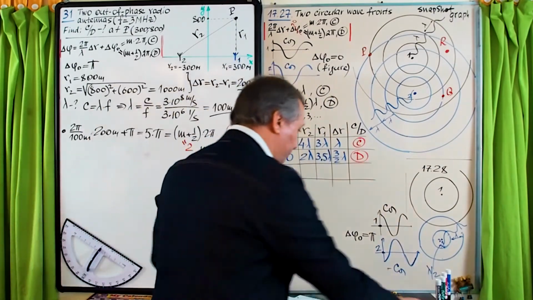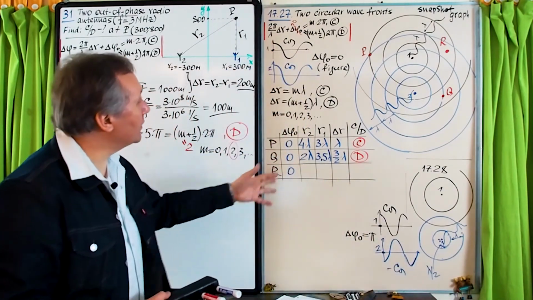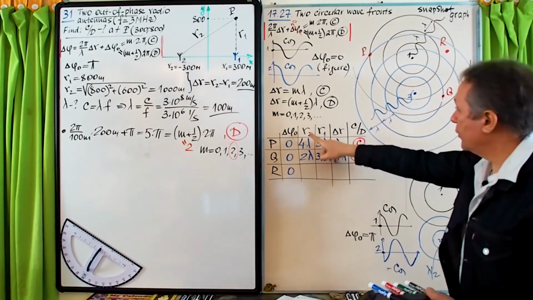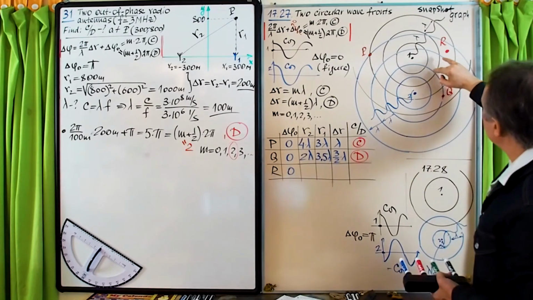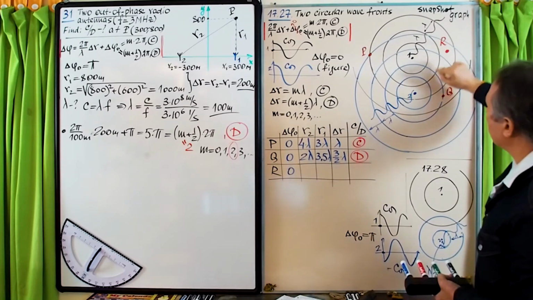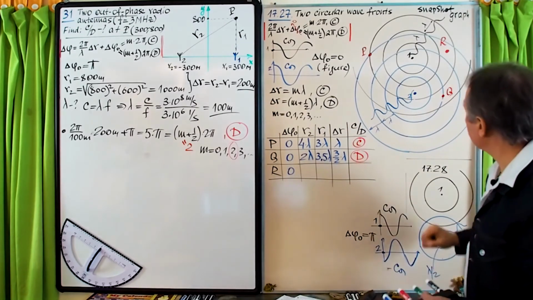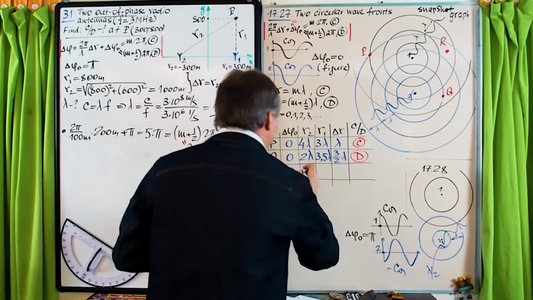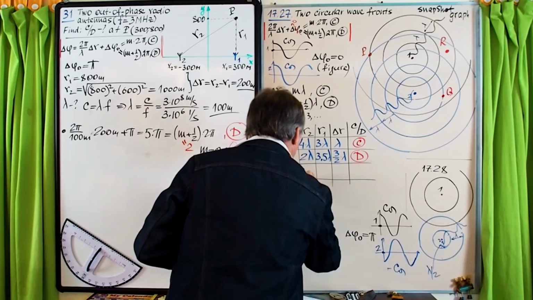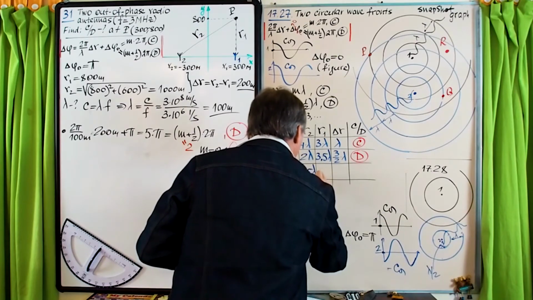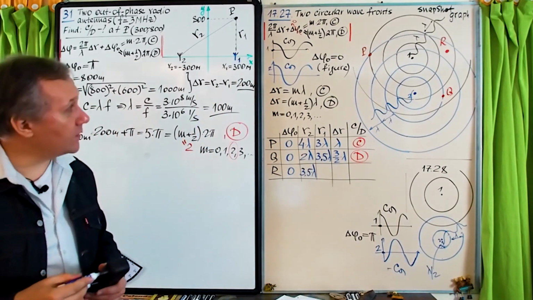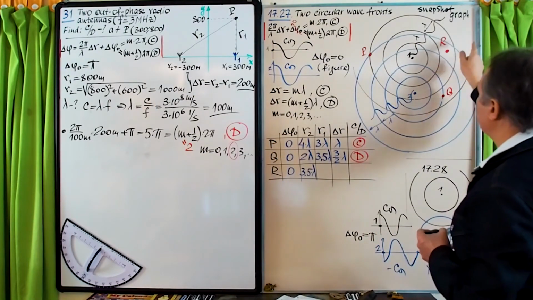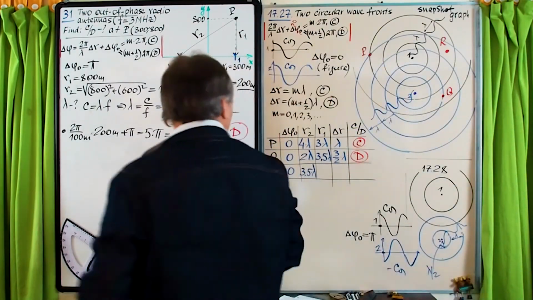Now the last one, point R. Now you're familiar with this. For blue, we have 1 wavelength, 2, 3, and then half, because it lies between blue wavefronts. So it's 3.5 lambda. For black, 1, 2, and again a half, because it's between two black wavefronts.